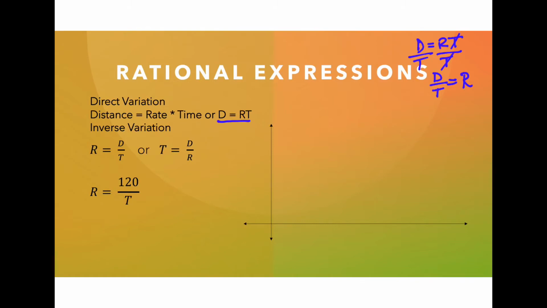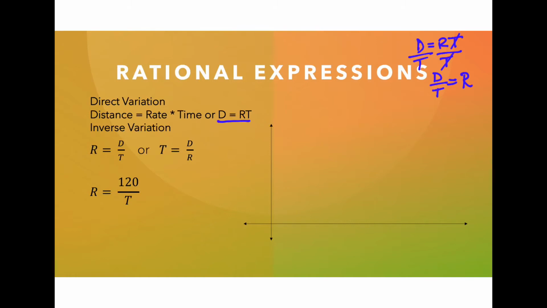So I want to look at how this changes our graph. When we looked at distance in relation to time, distance and time had a direct correlation, a direct relationship. As the time that I'm traveling increased, the distance that I have traveled would increase as well.